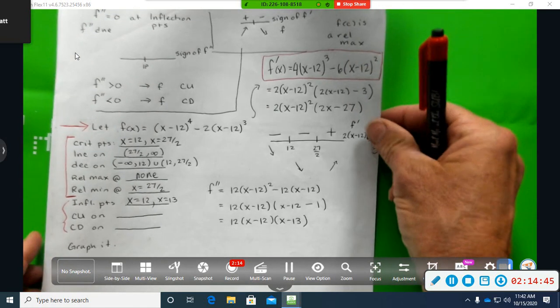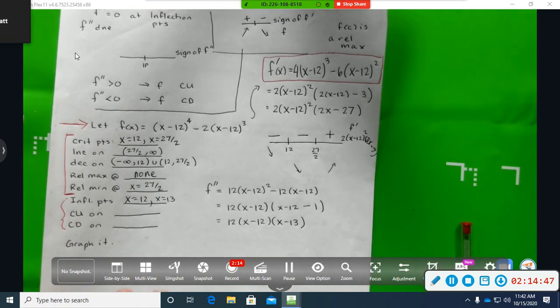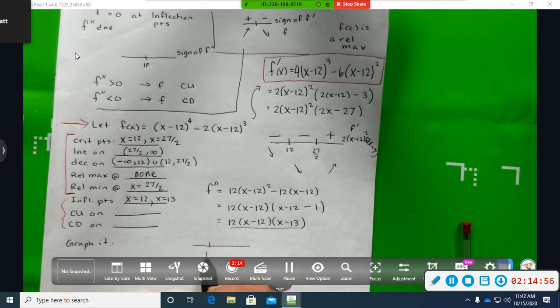We need the sign of the second derivative. So we put our inflection points, 12 and 13, on a number line and analyze the sign of f double prime by plugging things in.